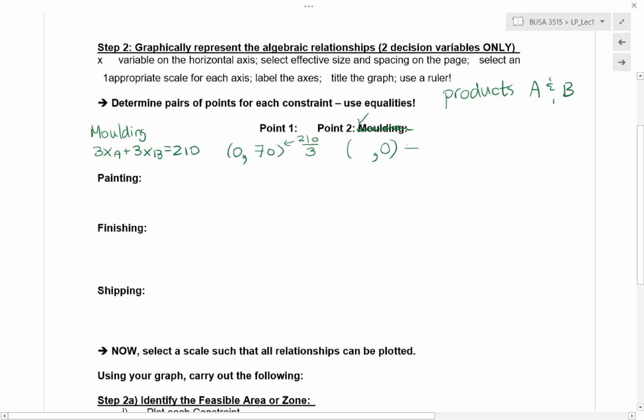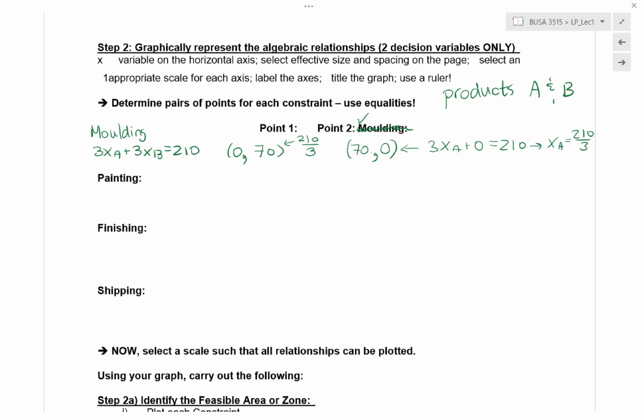We let xb be 0. 3xa plus 3 times 0 is just 0, so 3xa equals 210, then xa is 210 over 3, and that puts xa at 70. So our 2 points on the line for the molding are (0, 70) and (70, 0).